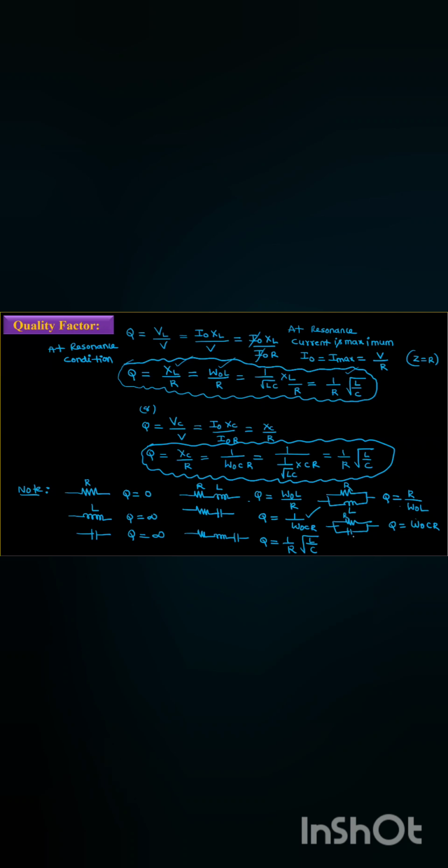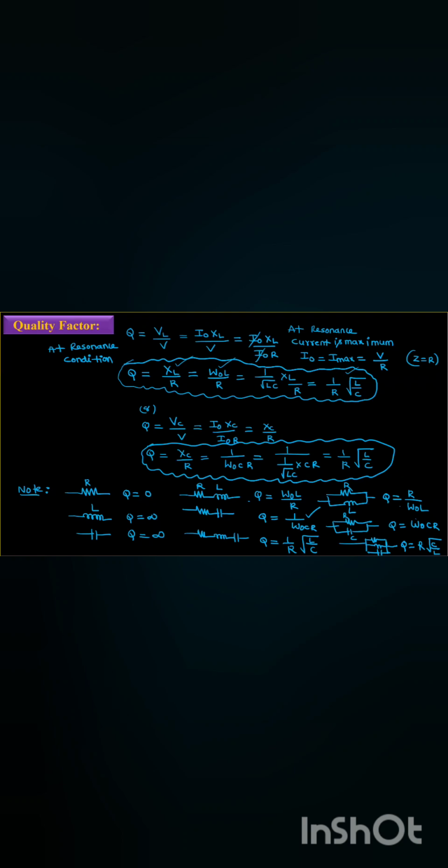The derivations are there but not required. If it is a parallel RLC combination, it is exactly the inverse of the series one: R into square root of C by L. These are the quality factors for series and parallel combinations.